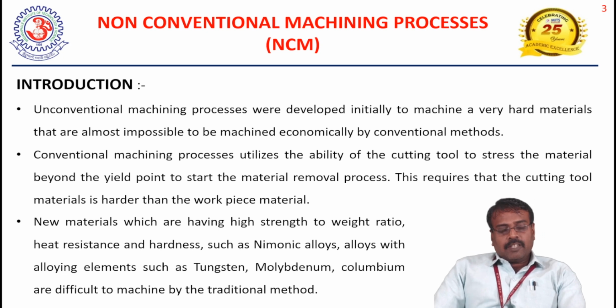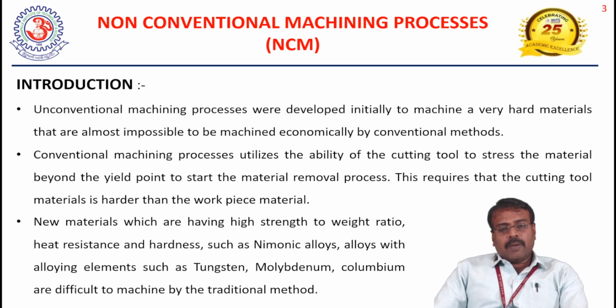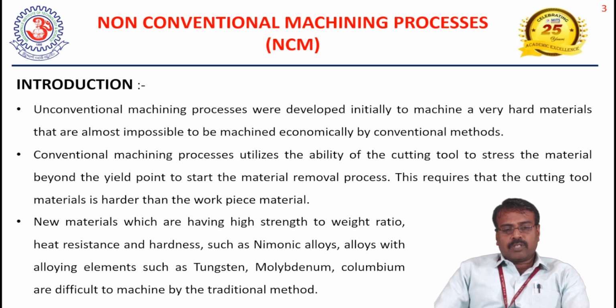These are almost impossible to machine economically by conventional methods. Conventional machining utilizes the ability of the cutting tool to stress the material beyond the yield point to start the material removal process. So this requires that the cutting tool material is harder than the workpiece material.